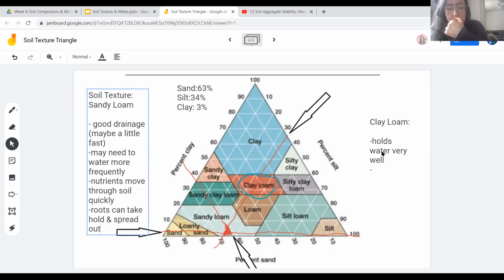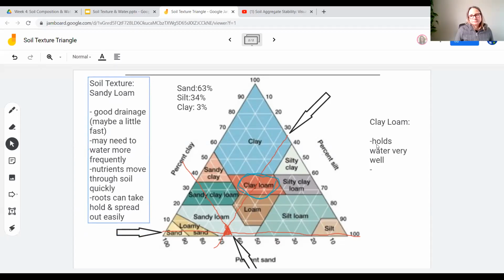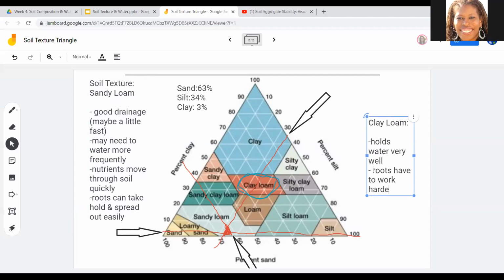Yeah, absolutely. Do you think a carrot would grow, just as a general idea, better in a sandy loam soil or a clay loam soil? Sandy. And that's not saying that you can't grow carrots in a clay loam, because both of these are still loamy soils, right? They still have a pretty good texture and a pretty good ratio of those different particles.